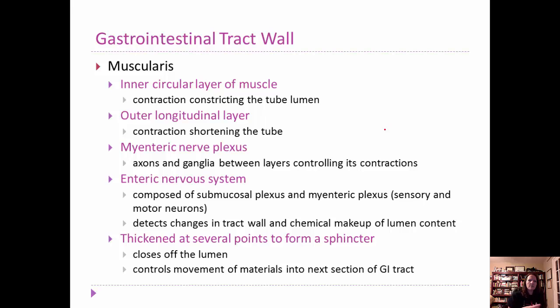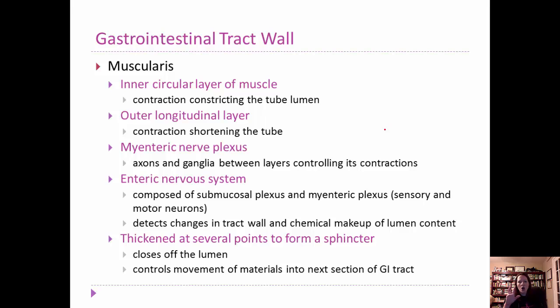A lot of anatomists or scientists will actually put the enteric nervous system as a completely separate nervous system and don't include it in the autonomic nervous system or anything like that. So again, we'll talk about the different receptors that are found throughout the digestive tract, but they detect the changes in the tract. They are also constantly checking the chemical content of the lumen, or the contents in the lumen, and things like that.